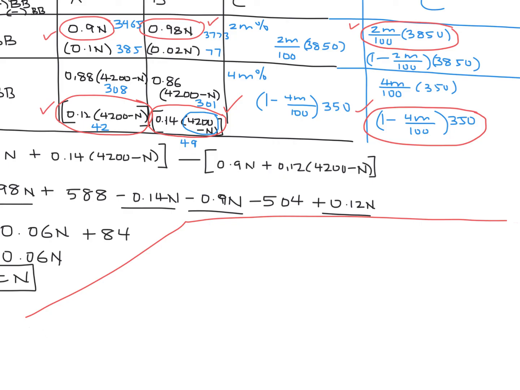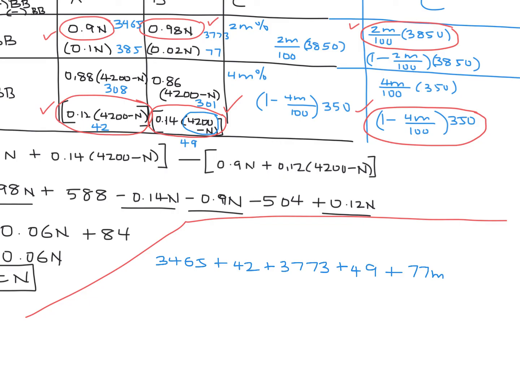The good news is we have numbers for these guys. We have 3465 plus 42 plus 3773 plus 49. And then this one we don't have numbers, but we can get numbers. If you multiply 2 by 3850 and divide by 100, you get 77, but there's an m in there.